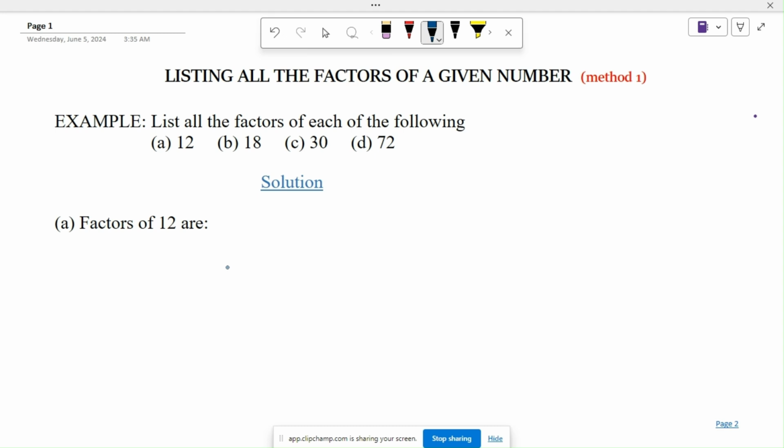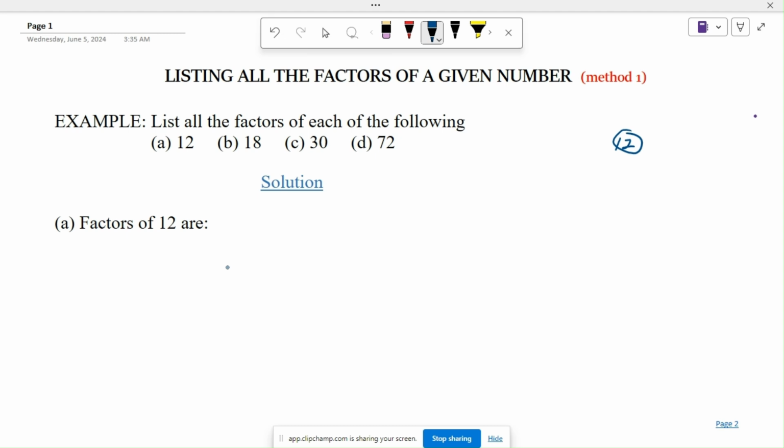So here we are considering 12. Now, how to go about this? What are two numbers that we can multiply together that will give us 12?